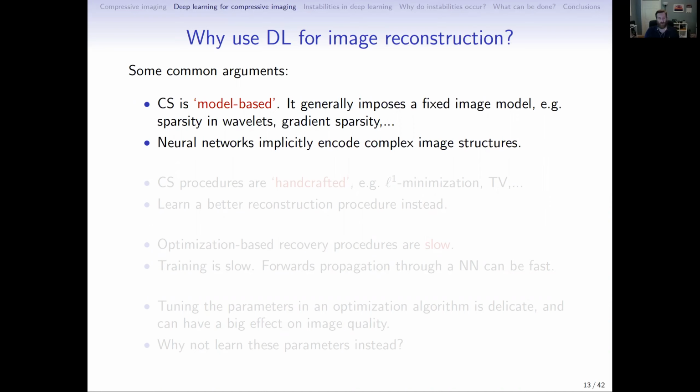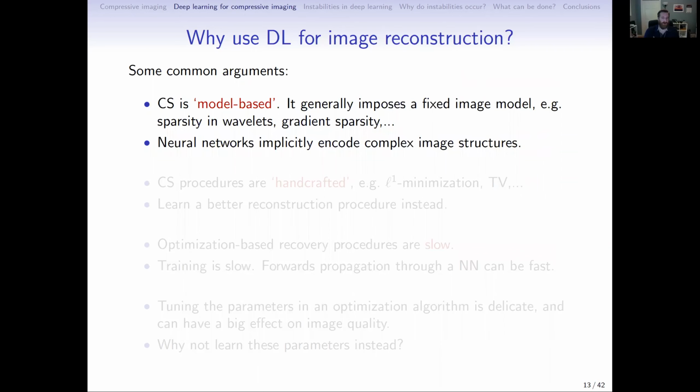The common arguments that have been given for using deep learning for image reconstruction instead of something like compressed sensing often stem from some of the limitations of compressed sensing. So let me talk about a couple of these for a few minutes.